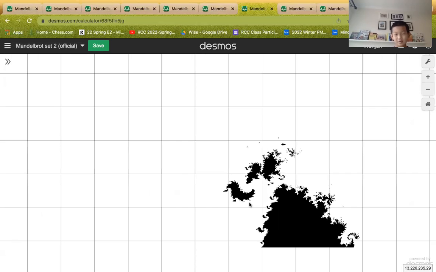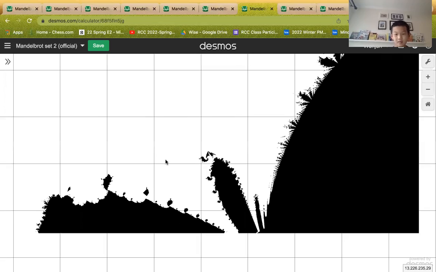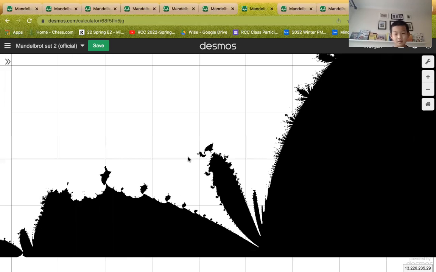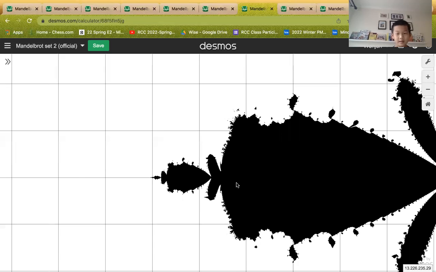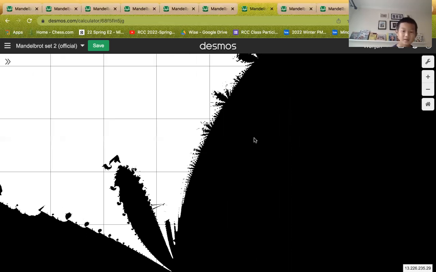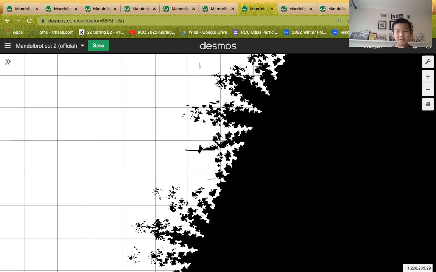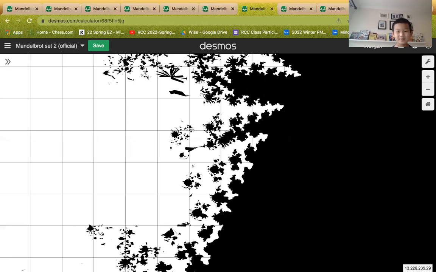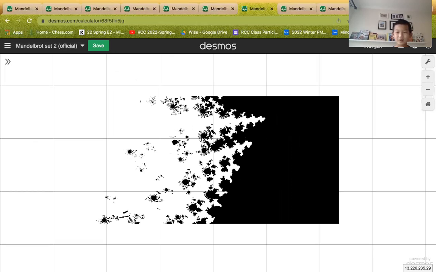Now let's look at the whole picture. And over here, by the way, this should be the two bulb, but it doesn't really look like one because the Mandelbrot set is still constructing itself. Looks pretty much like the real Mandelbrot over here.